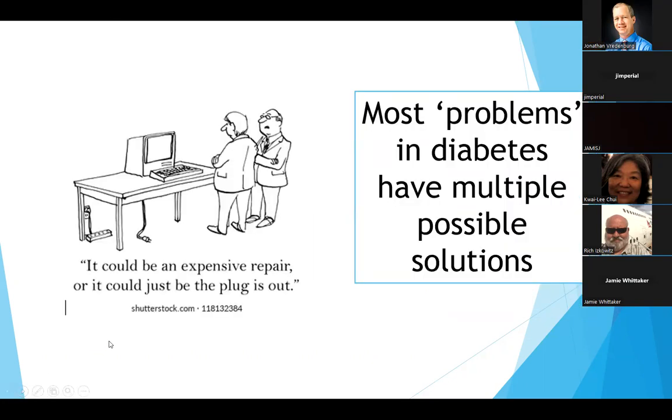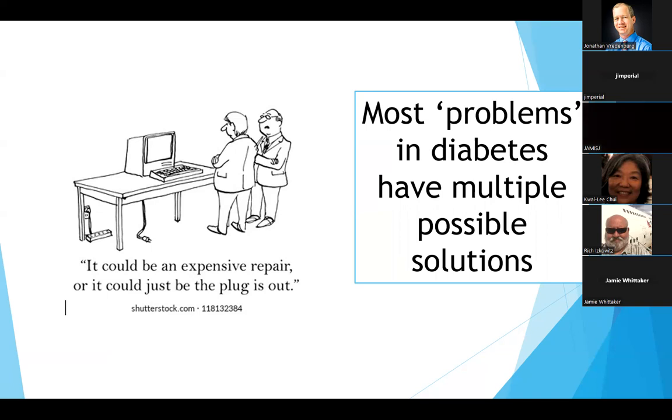So when we look at all of the problems that we're faced with in diabetes, whether it's related to medications, nutrition, or activity, you'll find that most of these issues have numerous possible solutions. And really, what we try to do with problem solving is find the most workable solution that is going to be best for you.